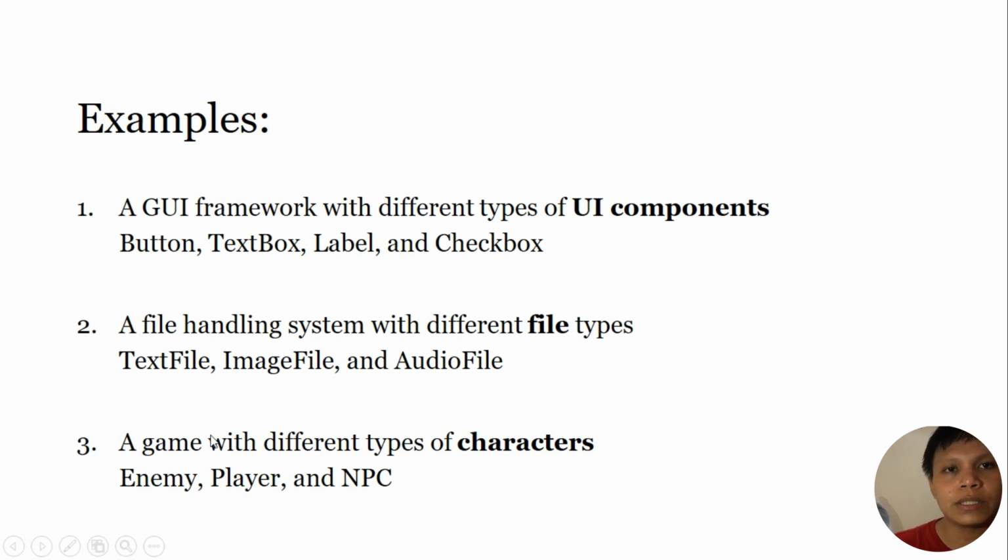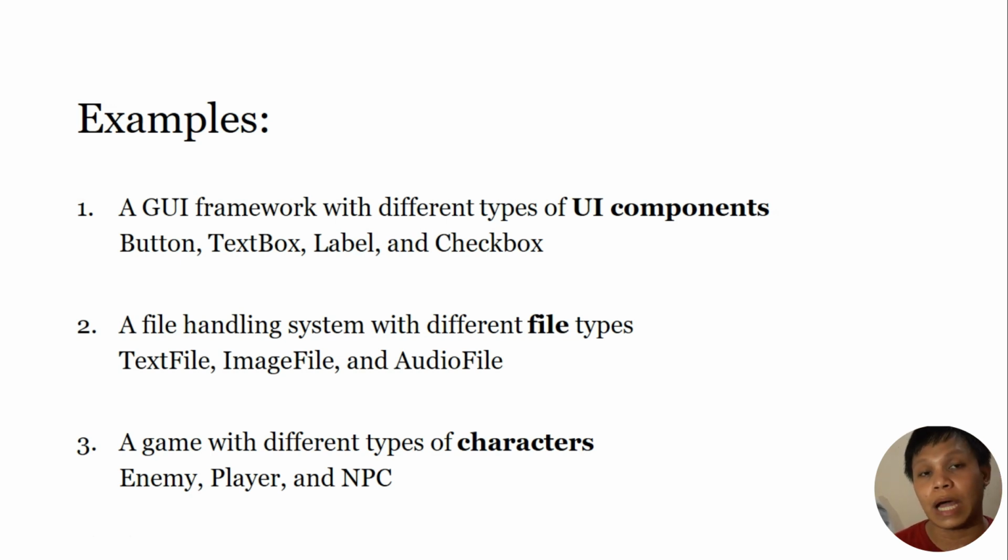So, yung third example is, let's say we have a game with different types of characters. So, yung nakita nyo na example, previously, we have a character base class, then we have enemy, player, and NPC classes. Each of these three have a common attribute, which is yung name. Pwede rin health, then let's say they also have a common method.